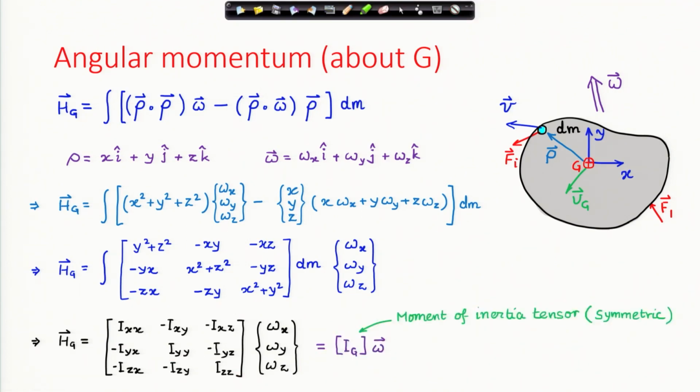And this is written in a compact form, and this is known as the moment of inertia tensor, and you will notice that this is a symmetric matrix, because I x y and I y x are equal. I x y is equal to I y x is equal to integral x y d m. Therefore, this is a symmetric matrix.